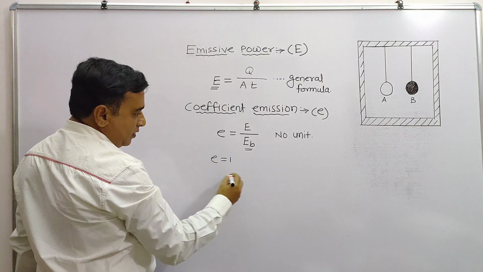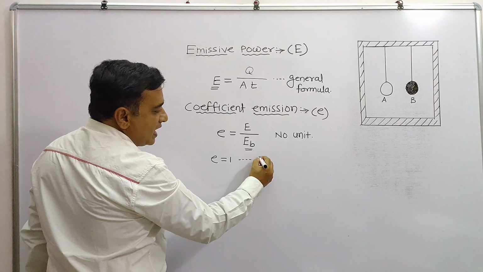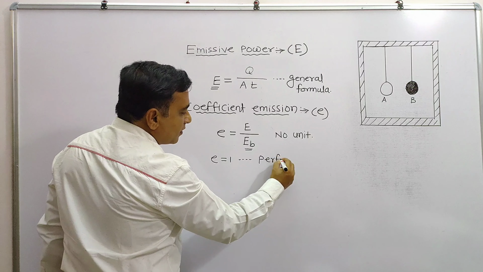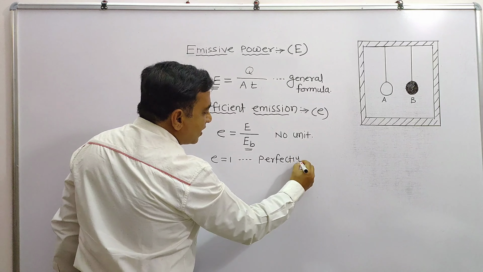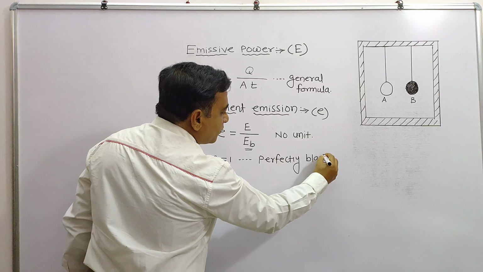If this ratio is equal to 1, then we say the body is a perfectly black body.